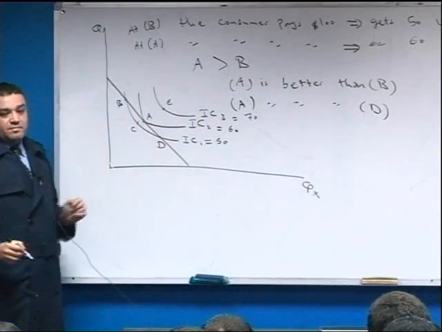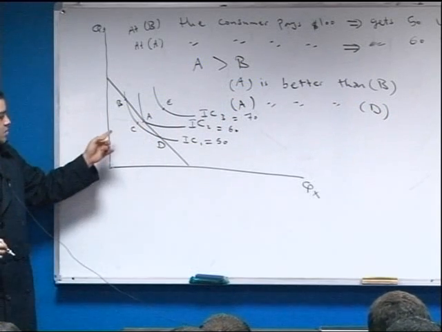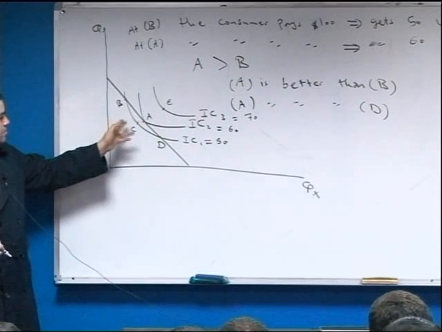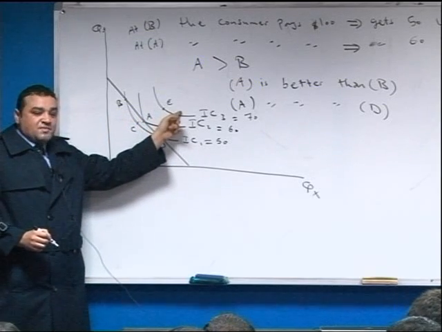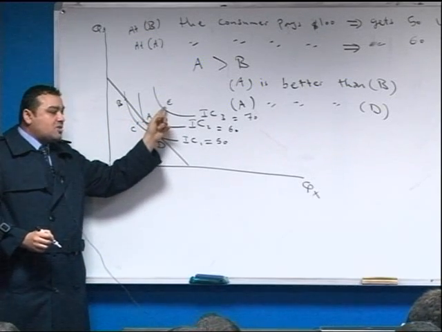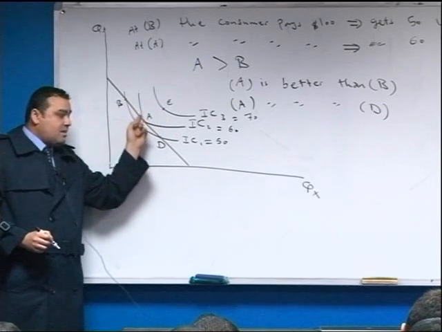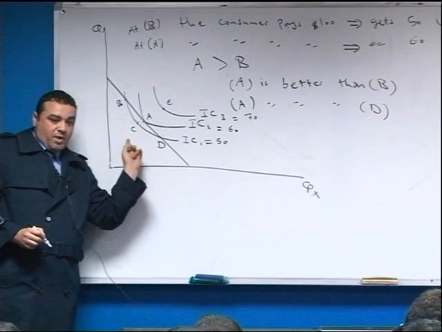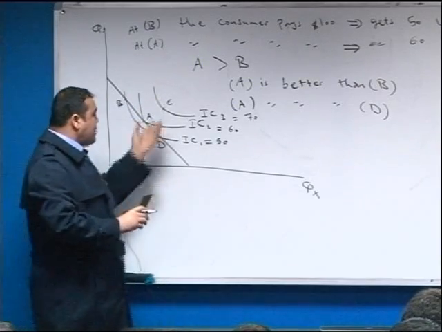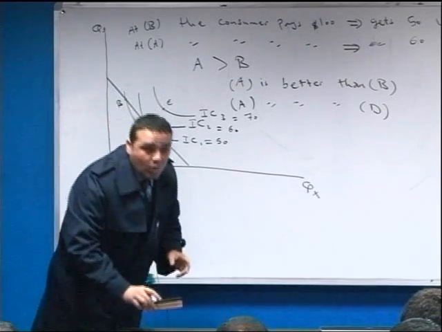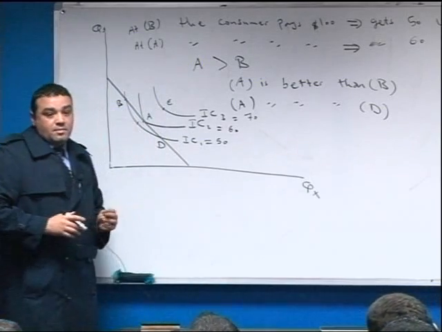A and C. As you know, each point along IC3 gives larger utility than IC2, than IC1. What about E? We cannot reach it.